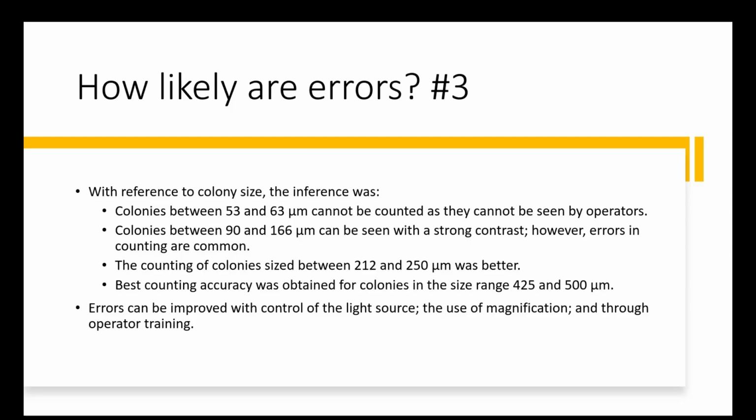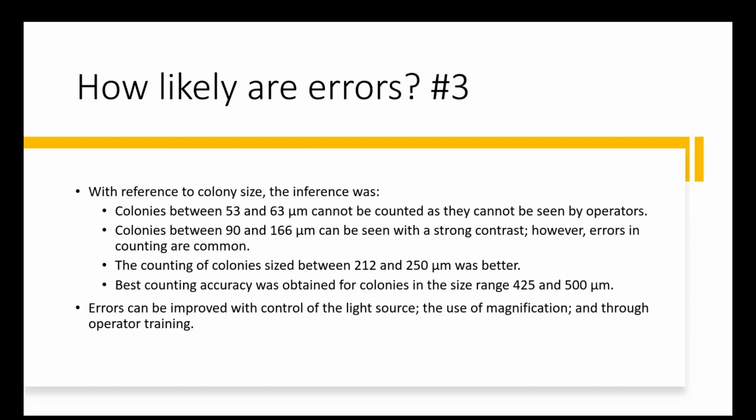For the counting of colony sizes between 212 and 250 microns, the data was better, but the position within the agar plate was still an important variable that can impact counting accuracy.